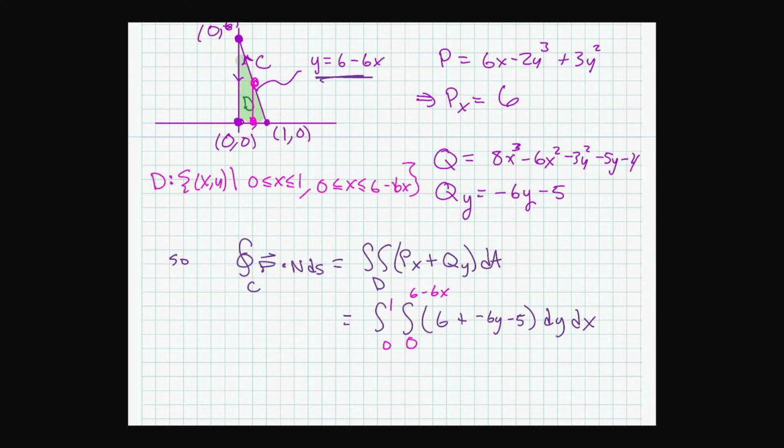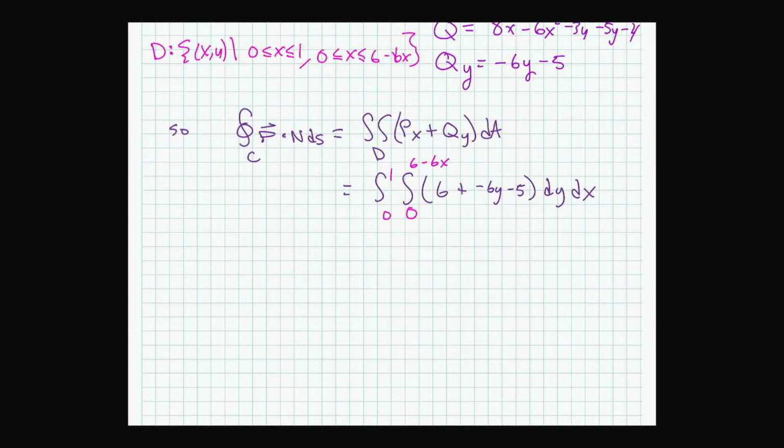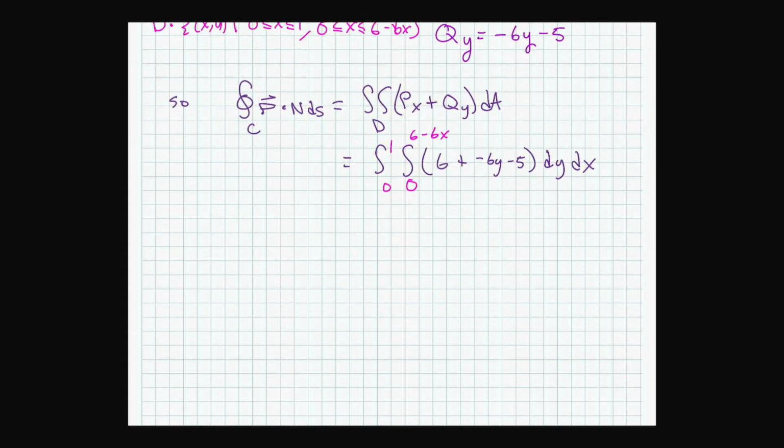So that's not a super tough integral to set up. I guess we can do one more line of work before we integrate. 0 to 1, 0 to 6 minus 6x. All you would do is the 6 and the negative 5 are just going to add up to 1. So you're just going to have negative 6y plus 1 dy dx. So that's your setup.